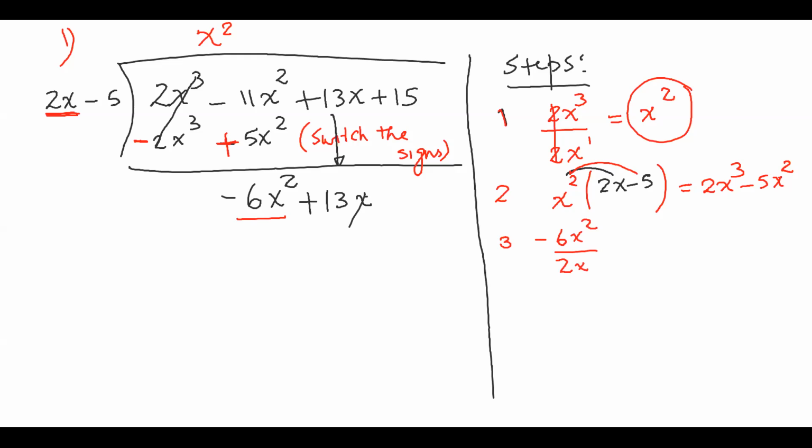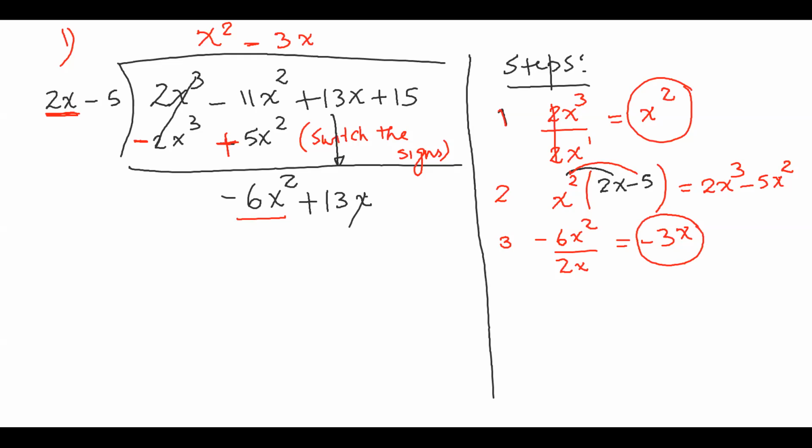Okay, so that equals negative 6 over 2 is negative 3, x squared over x is just x. So again, this is our quotient, so this is going to go on the top. So you put the negative 3x on the top.